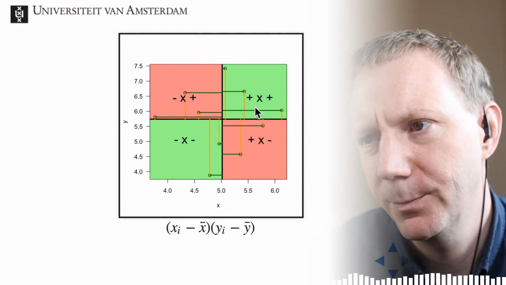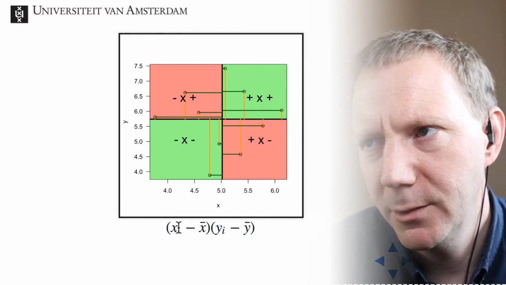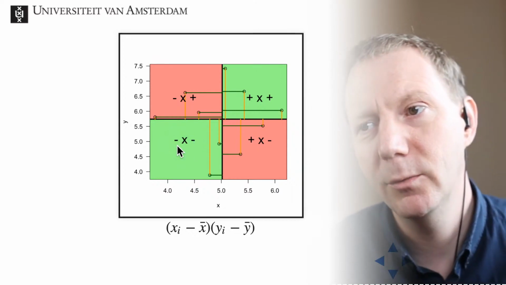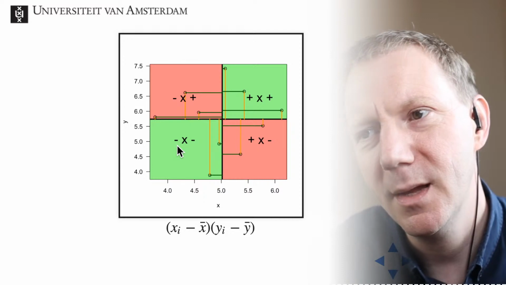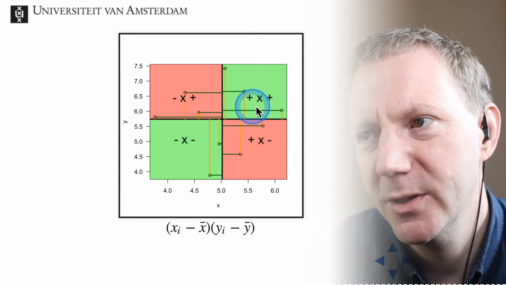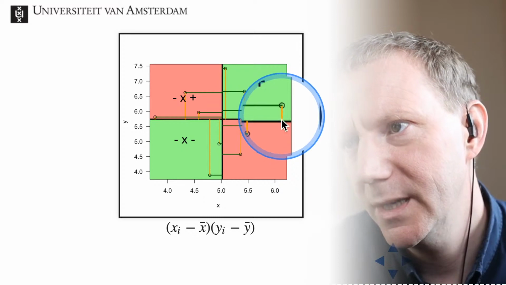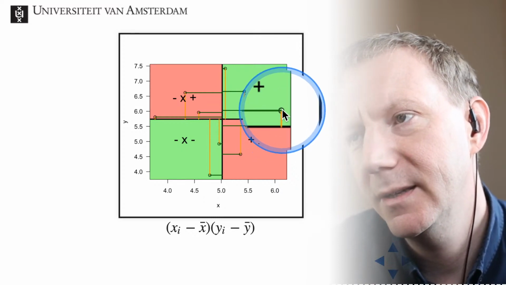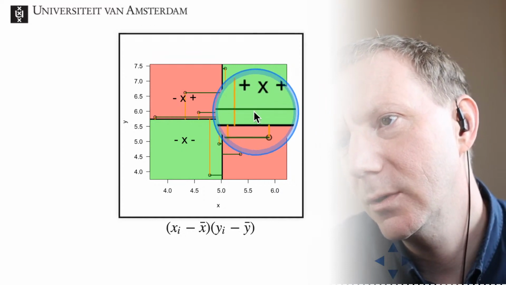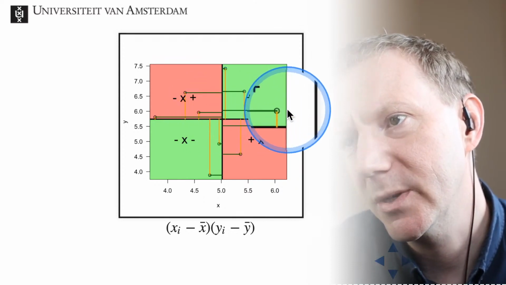Yes. Very good. Now, if you multiply these, then we see something happen, because when we multiply two negative numbers, of course, we end up with a positive number. And when we multiply positive numbers, we also end up with a positive number. So if my individual score is above the average of y, then this is a positive number. And if my individual score for the x variable is also higher than the mean of x, this is also a positive number.